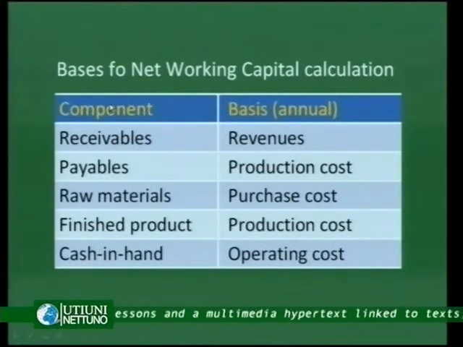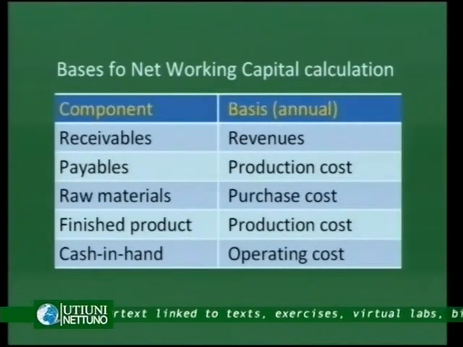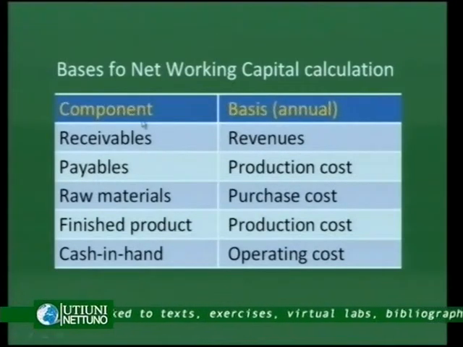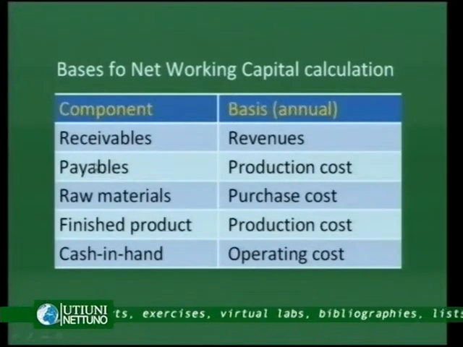So each component of the working capital has a specific basis that is generating that component. So we have receivables, which are generated by revenues, in the sense that the higher the revenues, the higher the receivables you expect the project to generate.